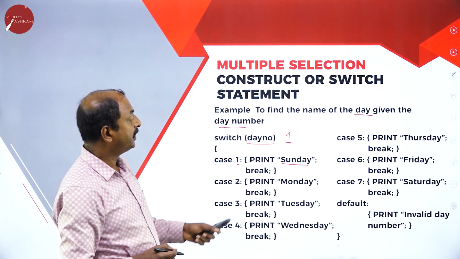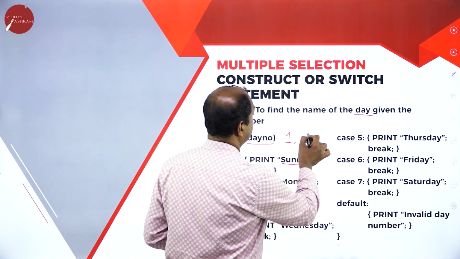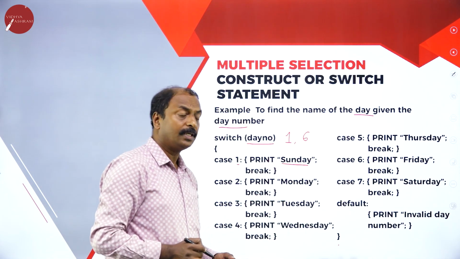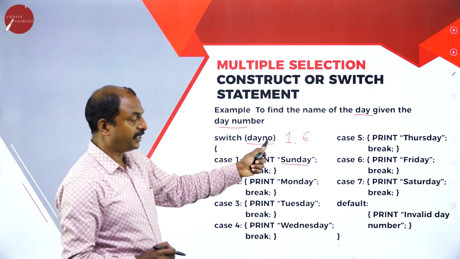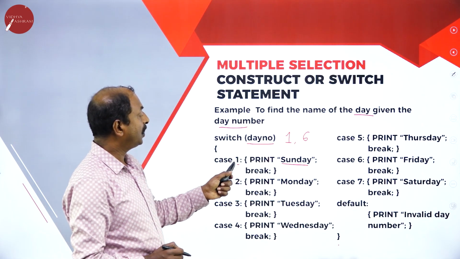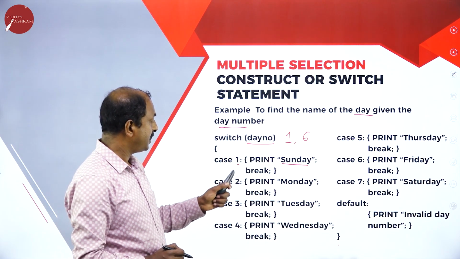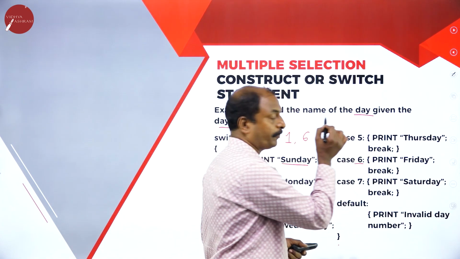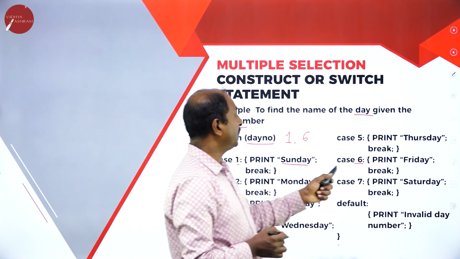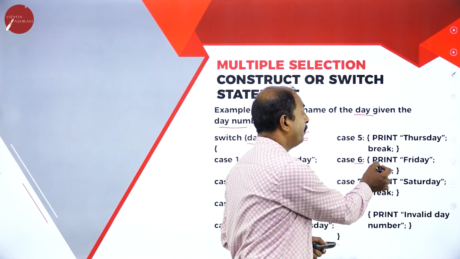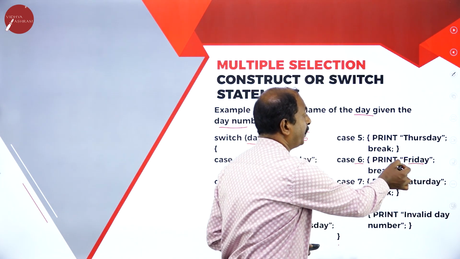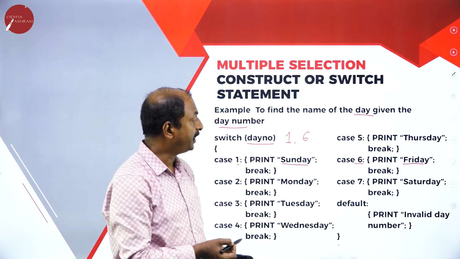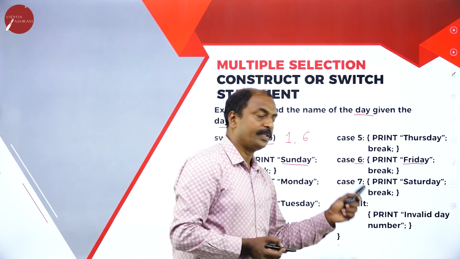Similarly, if the user enters 6 as the day number, 6 doesn't match with the earlier cases, so it is going to match with case 6. Accordingly, it executes this statement, that is print Friday. It prints Friday as the result and comes out of the switch case.